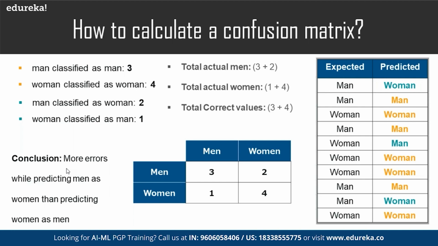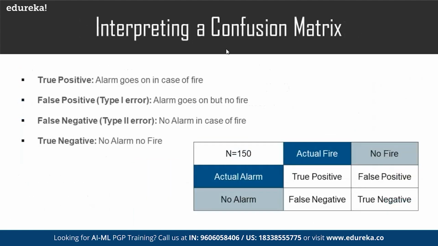As per these given values, the conclusion is more errors while predicting men as women than predicting women as men. It's just an example, let's not consider it much now, but all you need to know is what the confusion matrix is and how we interpret and comprehend it like this.